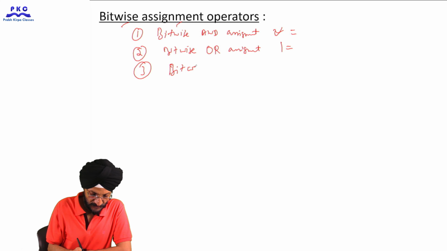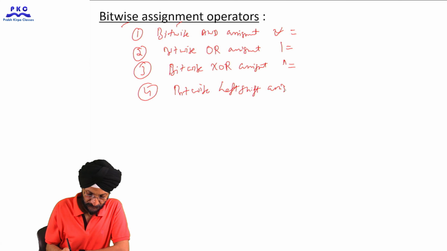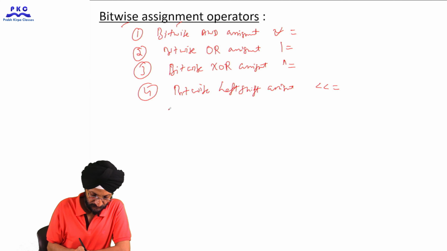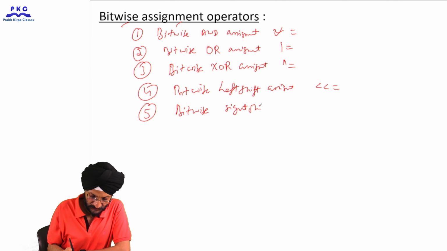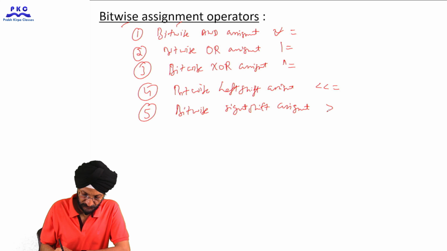Third is bitwise XOR assignment operator. Next is bitwise left shift assignment. And fifth is bitwise right shift assignment.